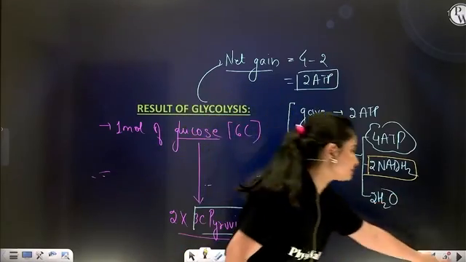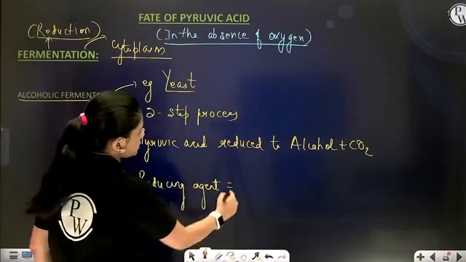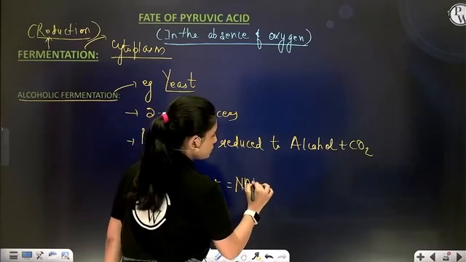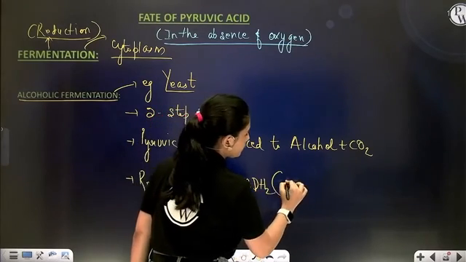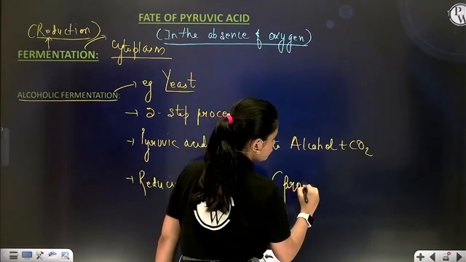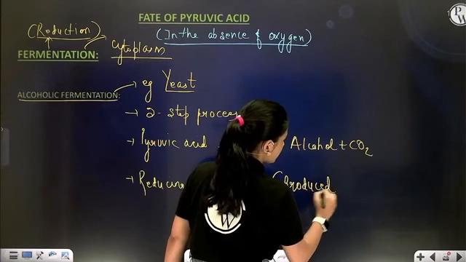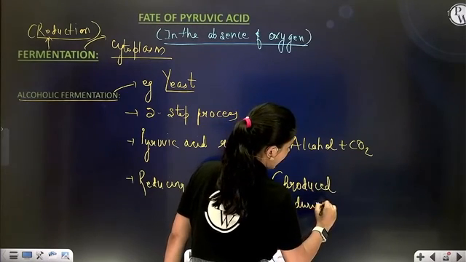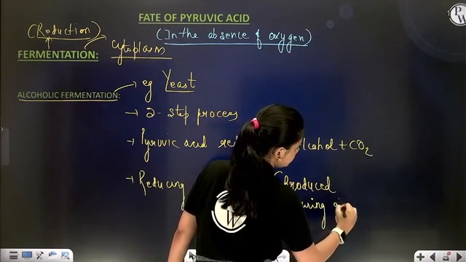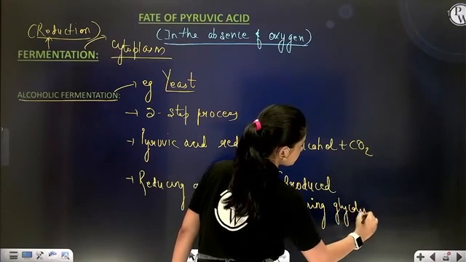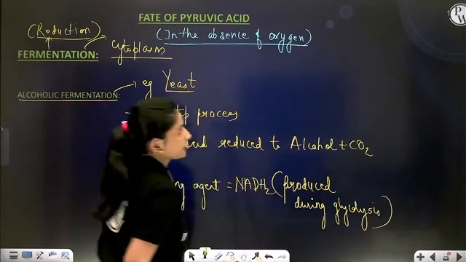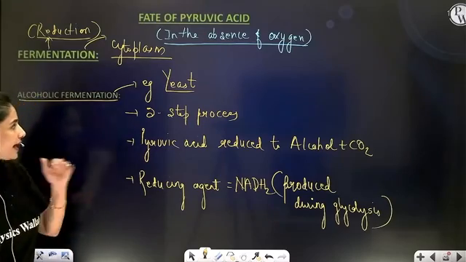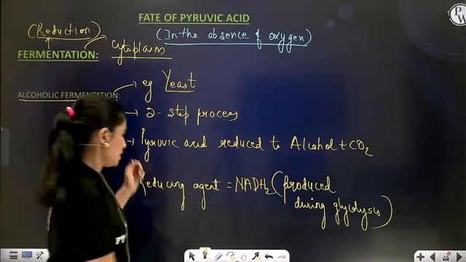Correct? So the reducing agent is NADH2, in brackets I will write produced during glycolysis.